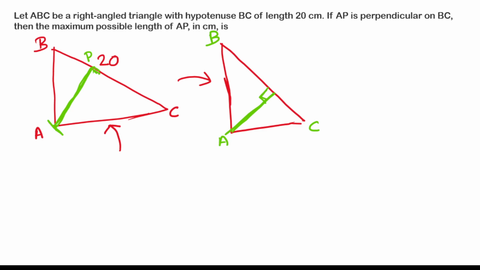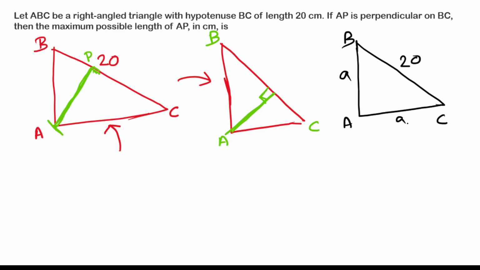So in order to do the symmetry, what we will say is, in order for AP to have its maximum value, this length AB and length BC need to be equal. All right. So how will that happen? BC is 20. So let us take this as A, right?